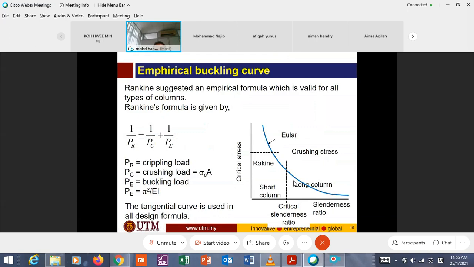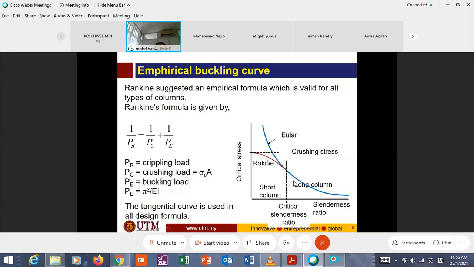And this is one of the formulas. I just take one researcher here, Rankin. There are many more. So Rankin used this mathematical formula, and we are not going to discuss this one. What I want to show here is only this one. This is the Rankin formula.